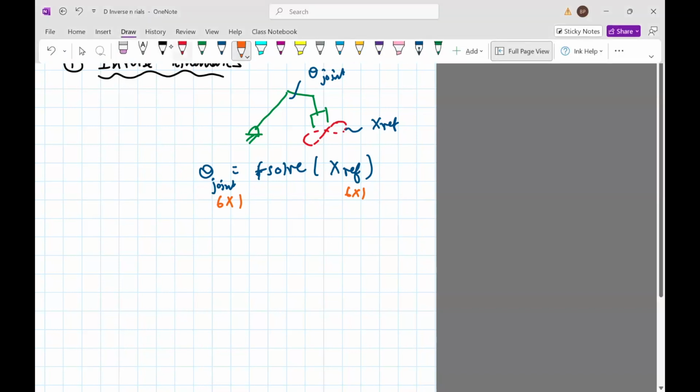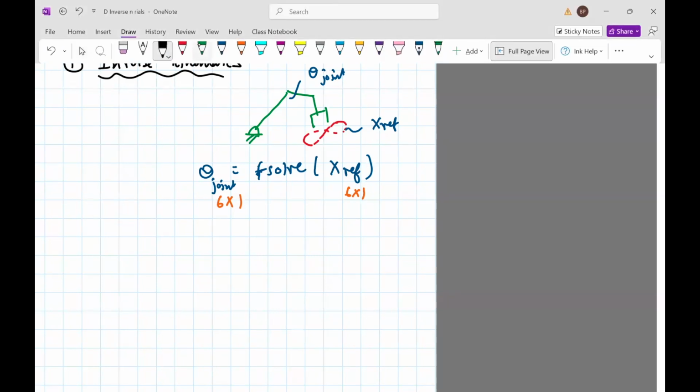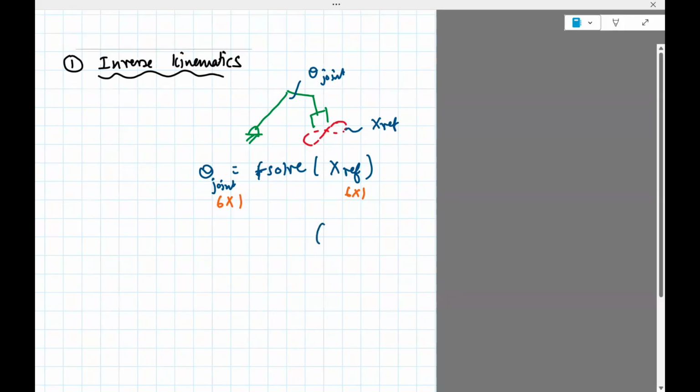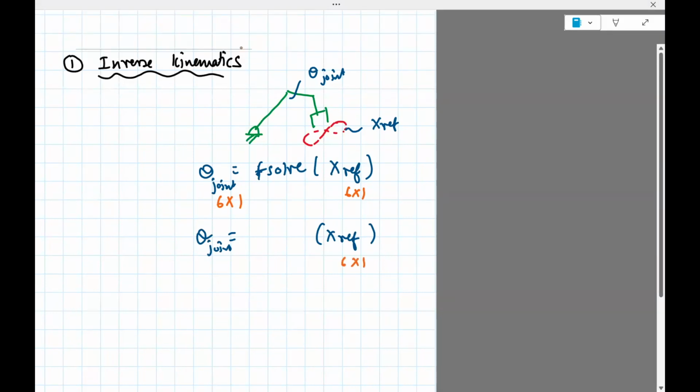If you have 7 or more joints, you're looking at more variables to tune and fewer constraints. Because now this function is going to be x ref. You want theta, you want something to map it. Joint. This is 6 cross 1, and this is maybe 7 cross 1. Some of the manipulators are actually 7 cross 1.